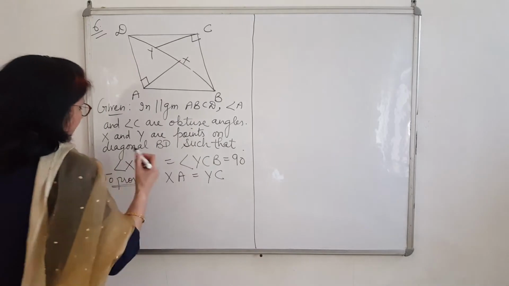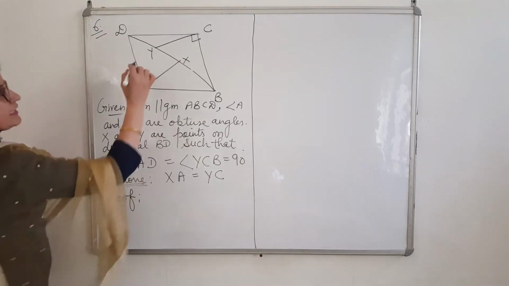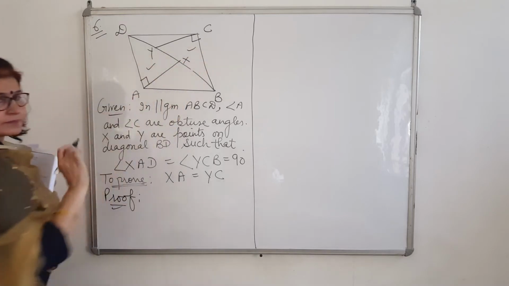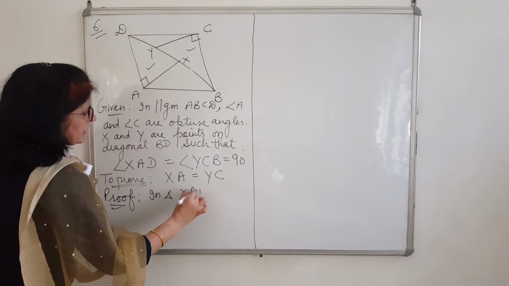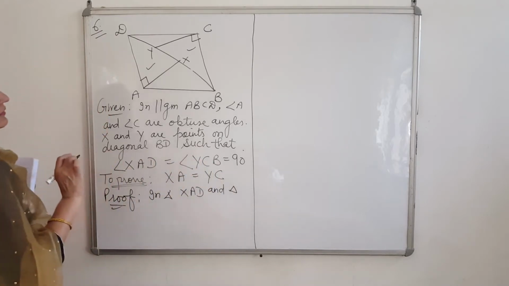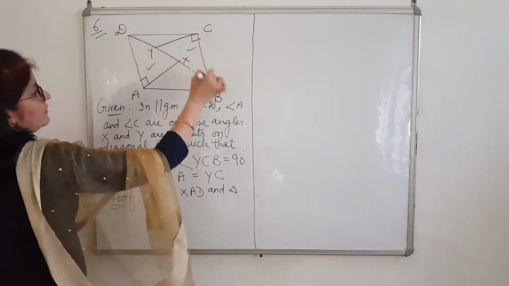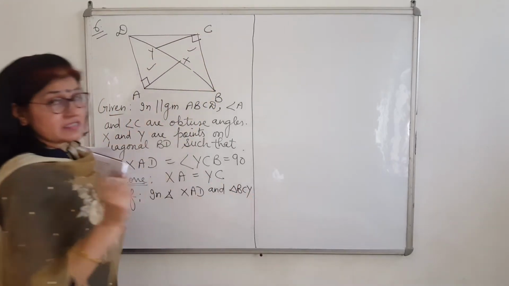To prove this, we have to take triangles. We will take these two triangles. In triangle XAD and triangle BCY. Now which three things are common here?